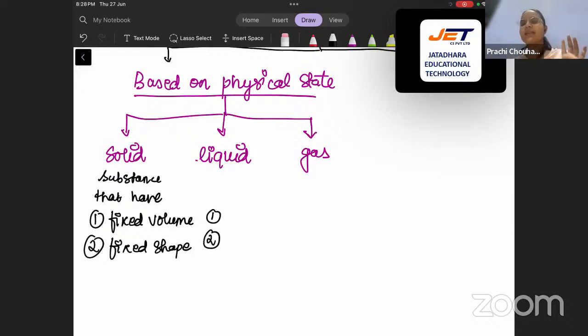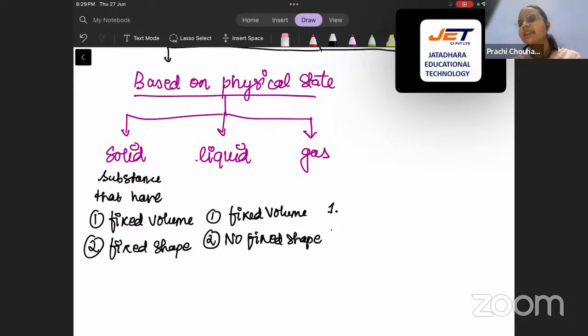So now liquids, do they have fixed volume? Yes or no? Yes. So these have fixed volume, no fixed shape.